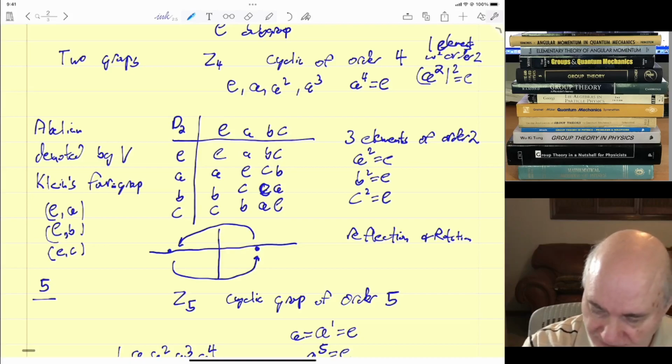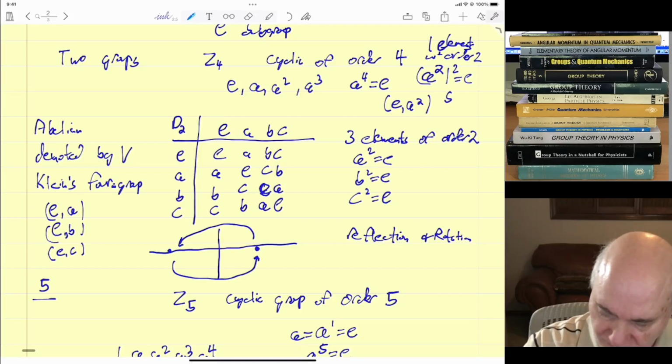And the same thing here, the only subgroup is e, a squared. I should be using sets, but some people use parentheses. So this is a subgroup as well, because a to the 4th is equal to e. So there's only one subgroup of order 2 in the cyclic group, but there's three in the Klein group.